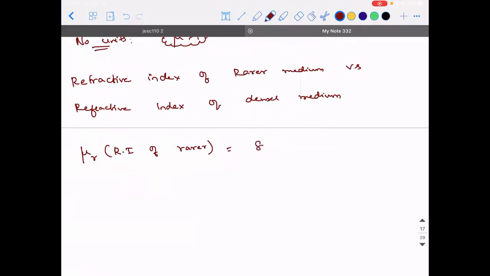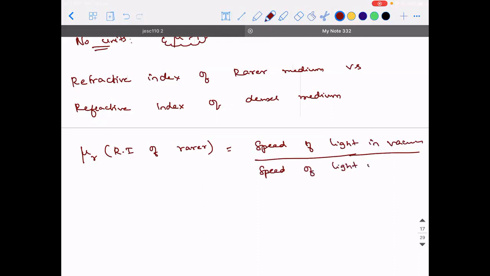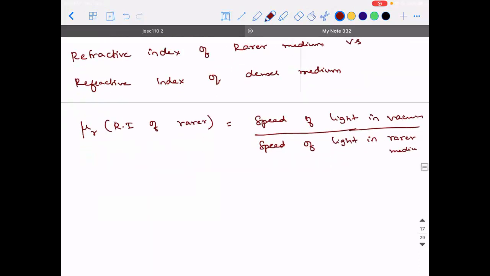This will be the speed of light in vacuum divided by the speed of light in rarer medium. Guys, does that make sense? Similarly, mu d is the refractive index of denser medium.